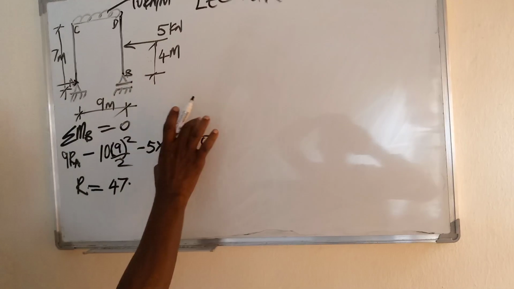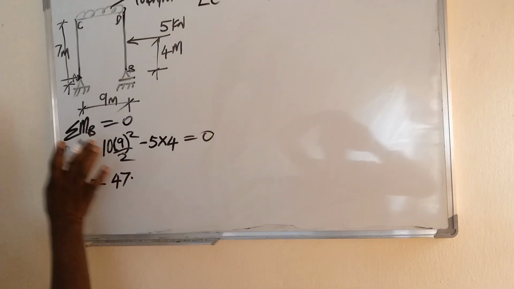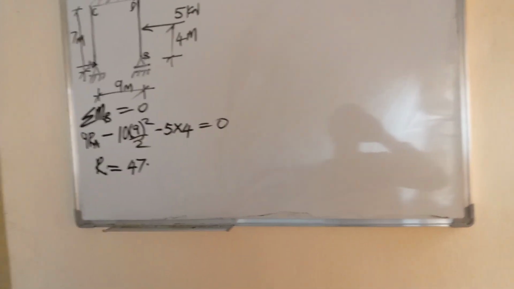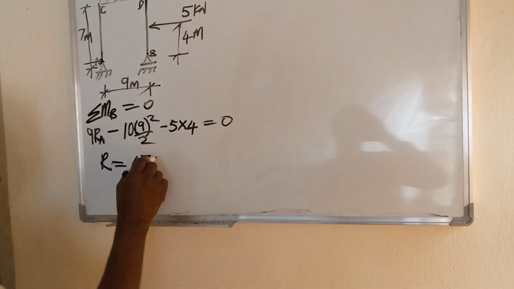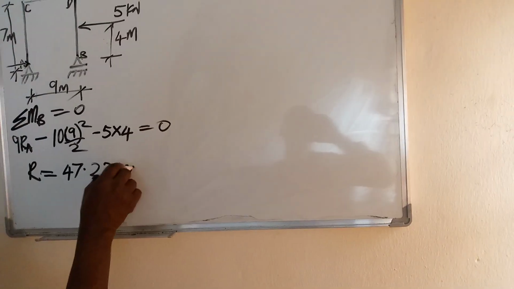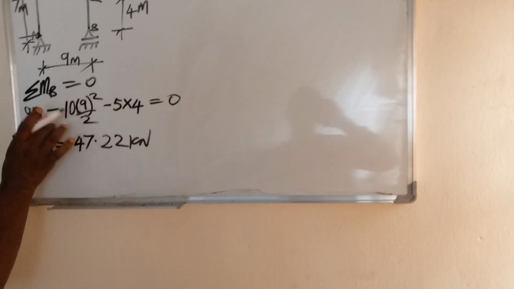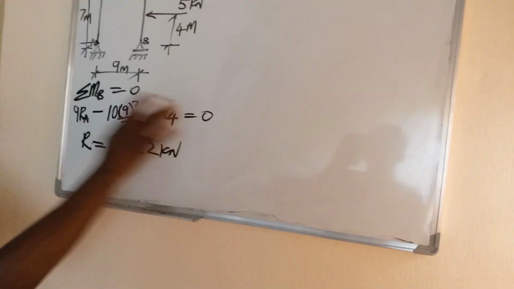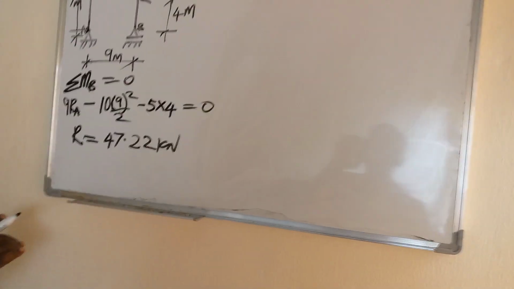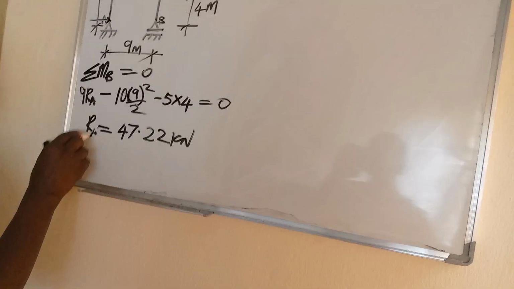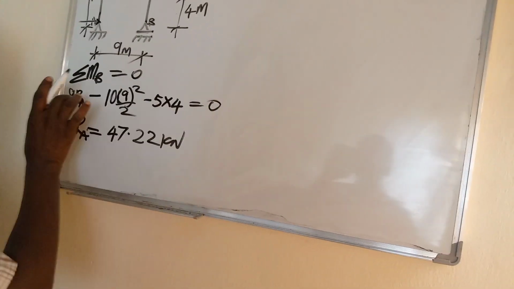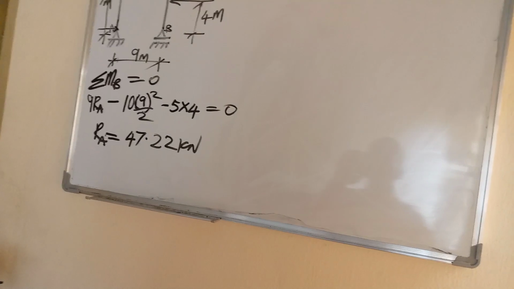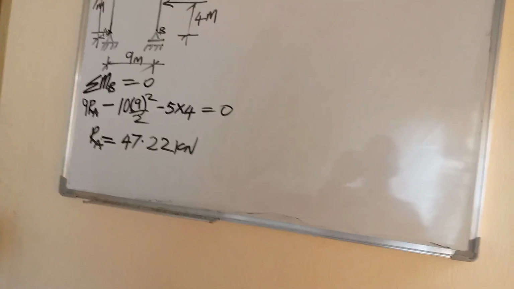When we send all this over this way, changing their signs, and divide by 9, we get RA equal to 47.22 kilonewton. That is reaction A.